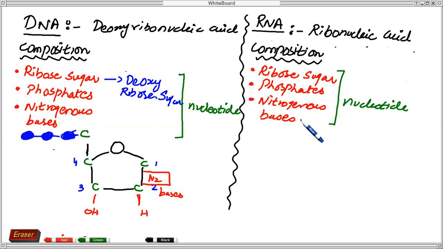Now, in ribose sugar, there is no loss of oxygen, but rather a 5 carbon sugar structure, same as that of DNA.